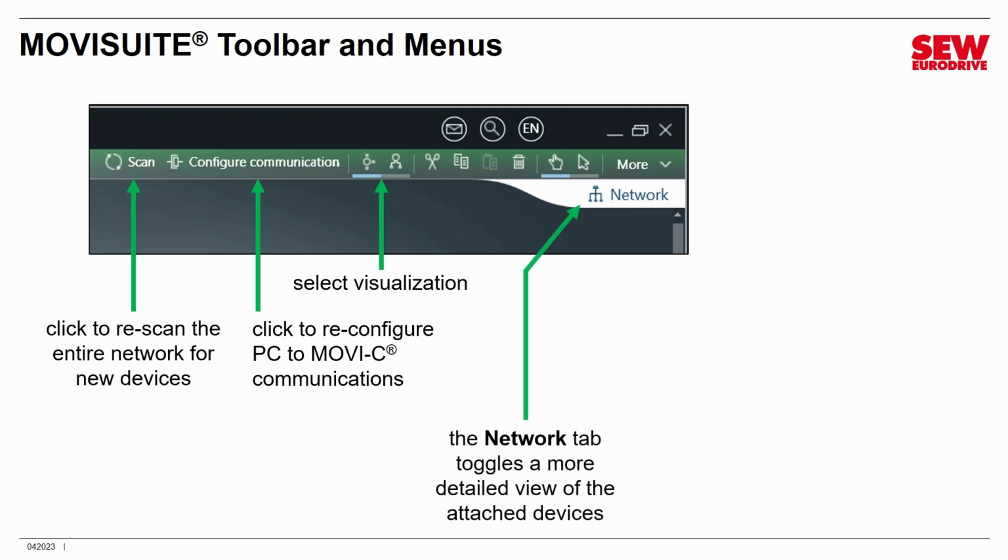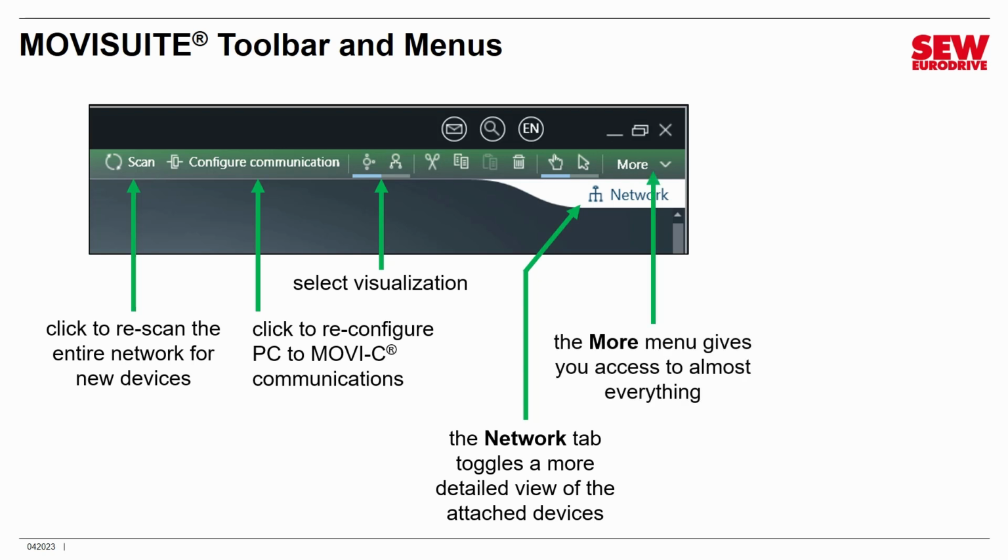There is a Network tab, which gives you a more detailed view of the attached devices. I should mention, by the way, that when you see these little sweepy things with names on them, many of those are menus. Click them to see what they do. There's several sweep-type menus at different parts of the screen. Network is one of them. And then there's the More menu, which I like.